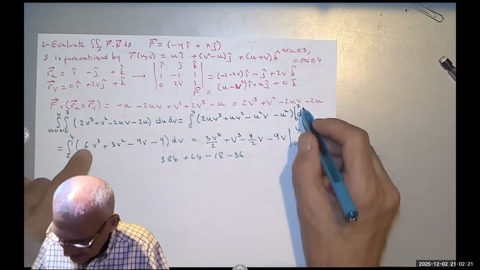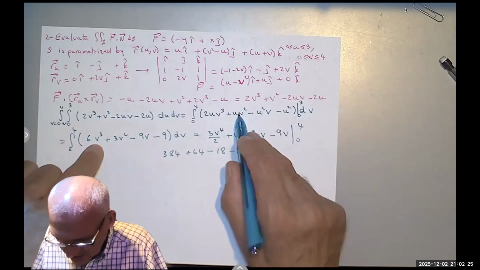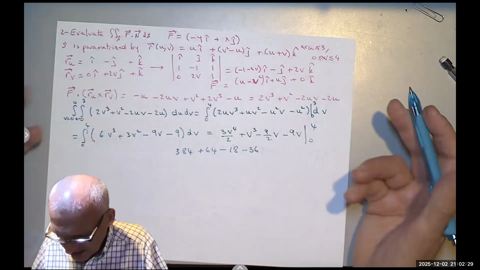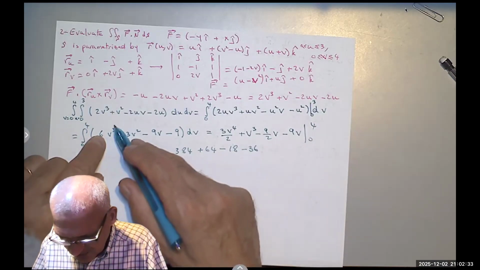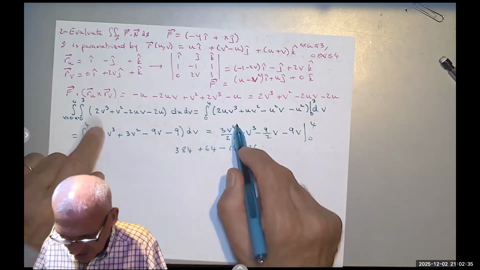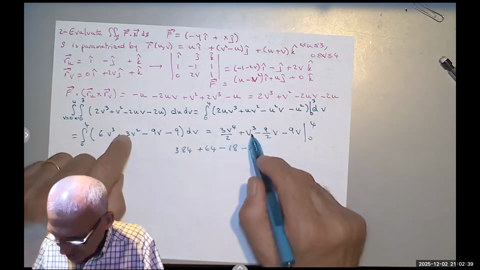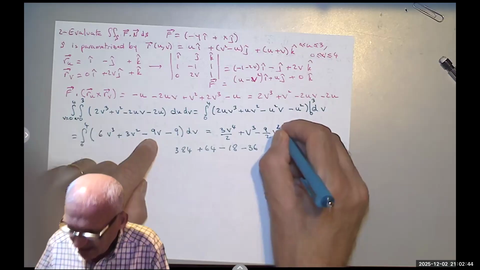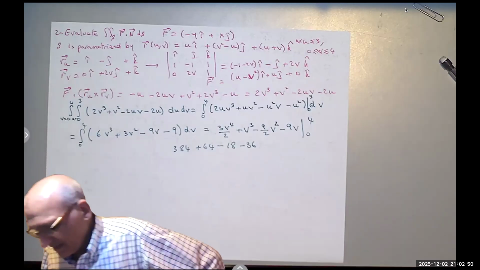I evaluated at 3, so you get 6v cubed plus 3v squared minus 9v minus 9. v to the 4 over 4, so 6 over 4 is 3 halves. v cubed over 3, so that's v cubed, minus 9 halves v squared, minus 9v.